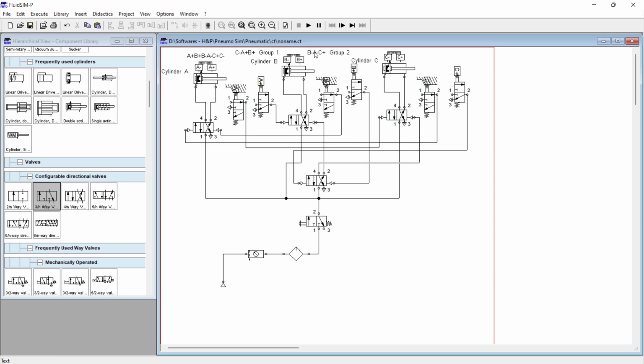So the A minus and C plus limit switches receive power from group 2. This will be B minus, which receives power from power line 2.